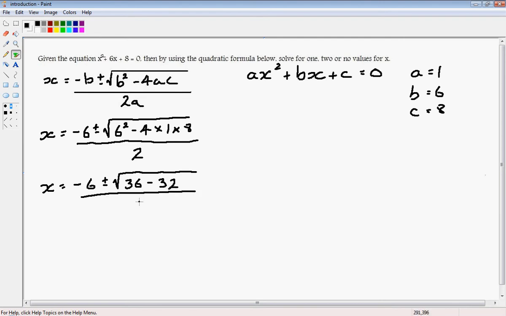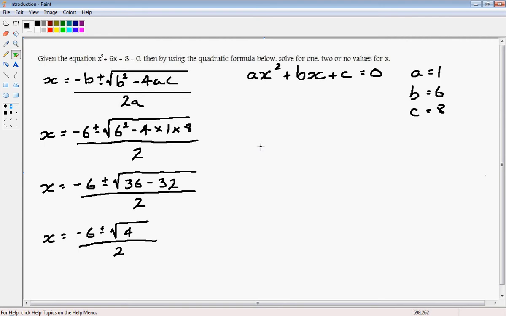And this is still all over 2. Not just the root, all over 2. So we now have x equals minus 6 plus or minus the root of 36 minus 32, which is 4, and again is all over 2.